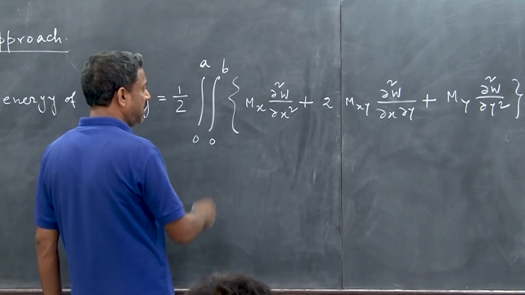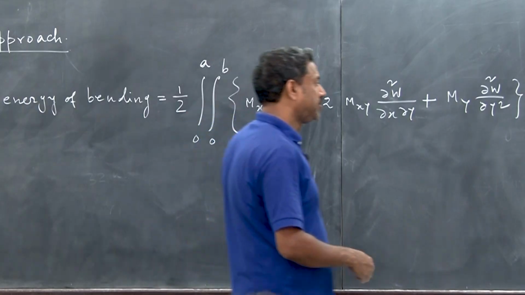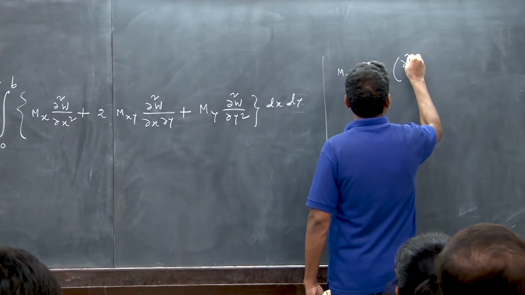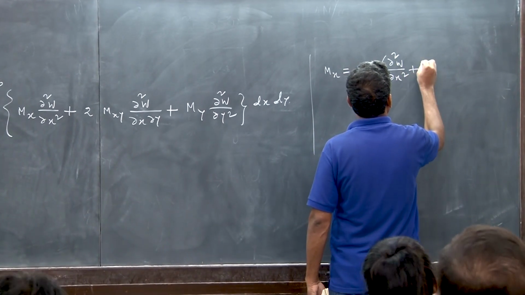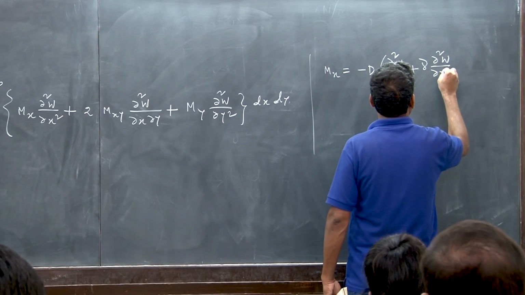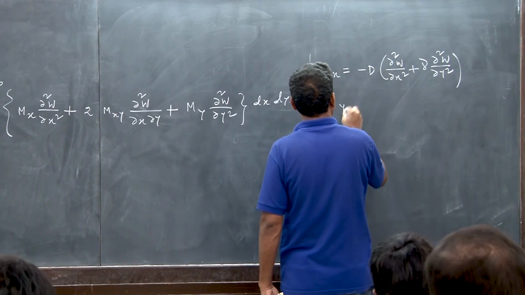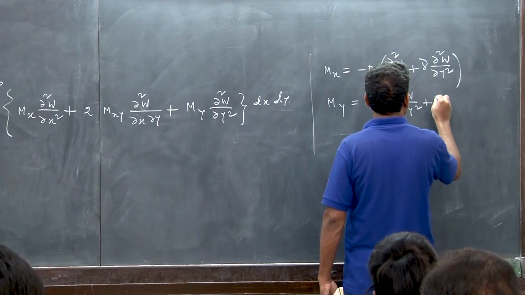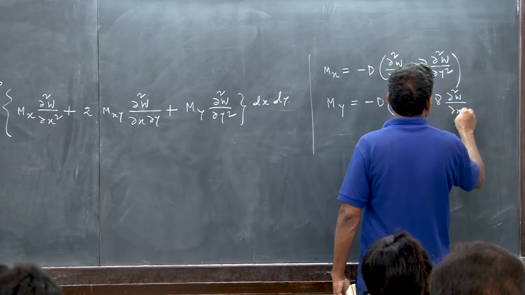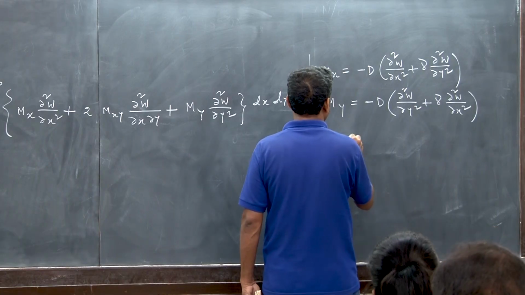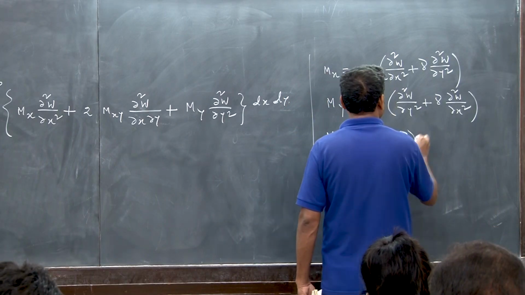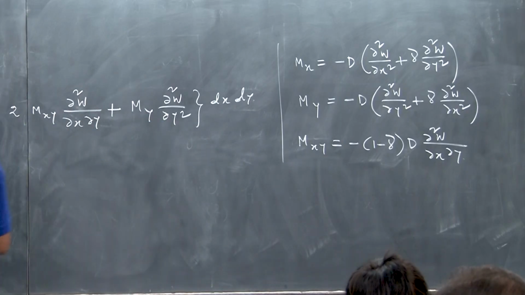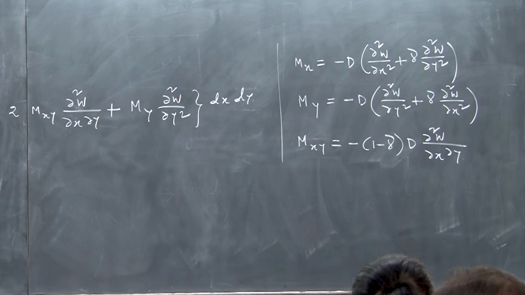Now you substitute the equation. So if you substitute mx and the others, and then you simplify, you will get the final expression.